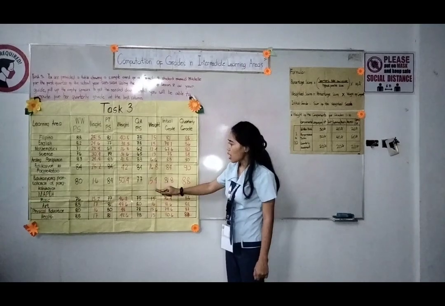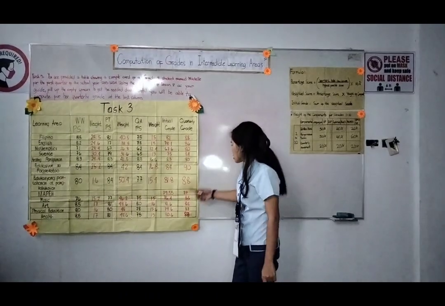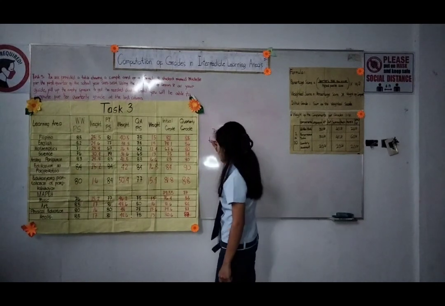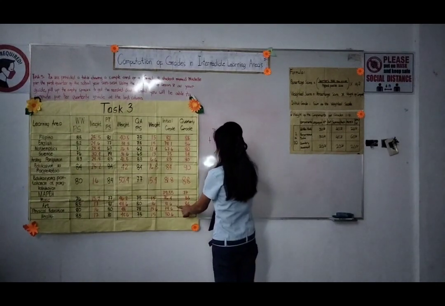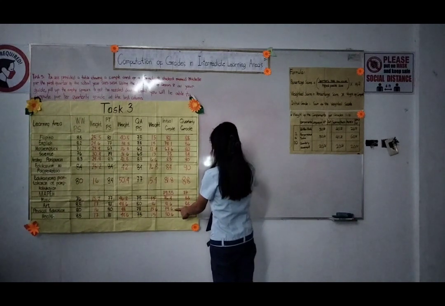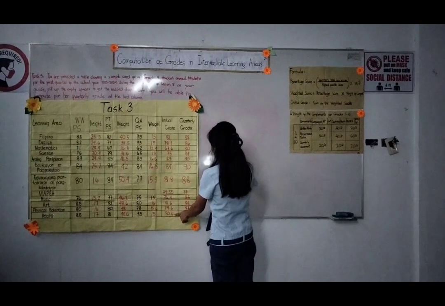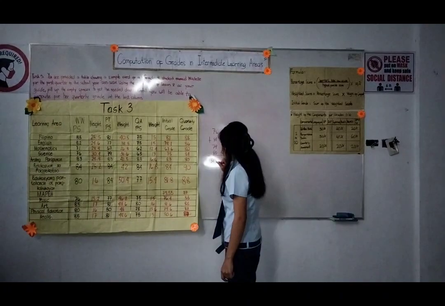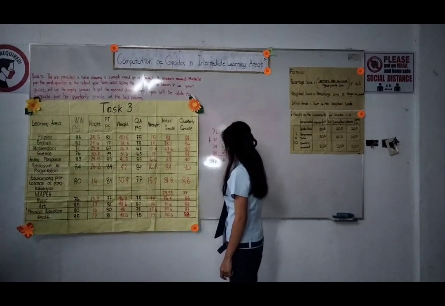In order to get the initial grade in MAPEH, we have to add all the initial grades in music, arts, PE, and health. So, 76.4 plus 81.6 plus 79.6 plus 80.6 is equal to 318.2.